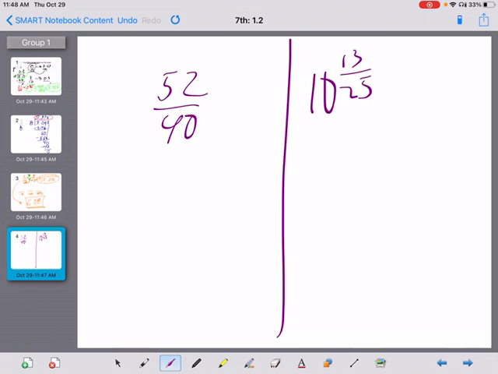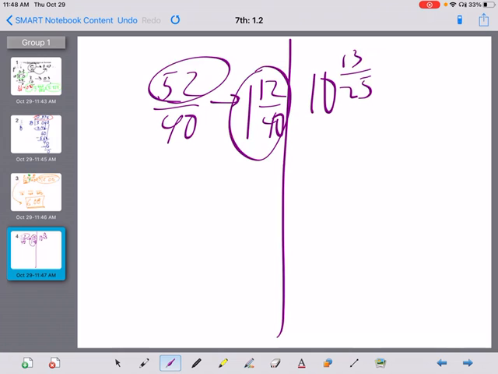So 52 over 40, you have to turn this into a mixed number. It's an improper fraction right now. So 52 over 40, well, it goes in one time, and you've got 12 extra after the 40, so it's 1 and 12 over 40. Now you can stay with this if you want, but something I noticed is that 12 and 40 is not all the way reduced.